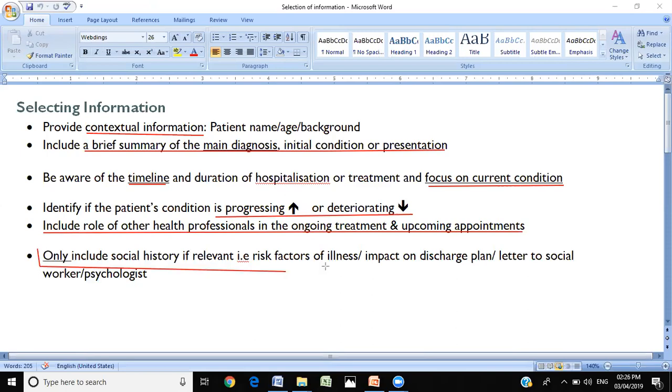Only include social history if it is a risk factor of illness, if it has any impact on discharge plan, or if it is a letter to a social worker or psychologist, only then the social history. So here the social history has no impact on the discharge plan as such.